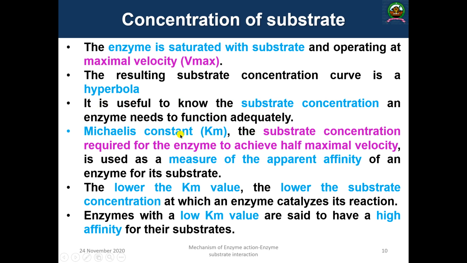And there is a constant called the Michaelis constant. That is the substrate concentration required for an enzyme to achieve half maximal velocity. So Km, or the Michaelis constant, is the substrate concentration required for an enzyme to achieve half maximal velocity, and it is used as a measure of the apparent affinity of an enzyme for its substrate.